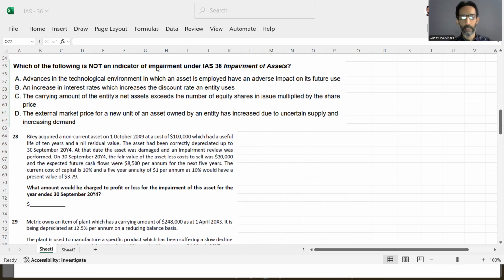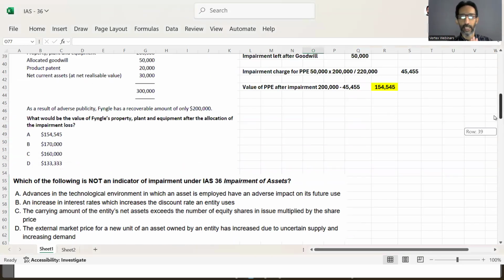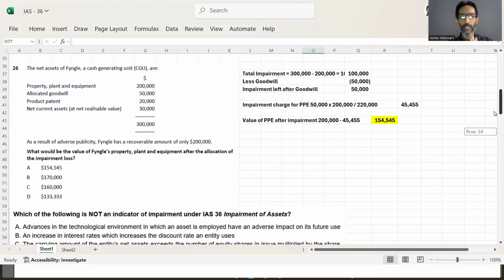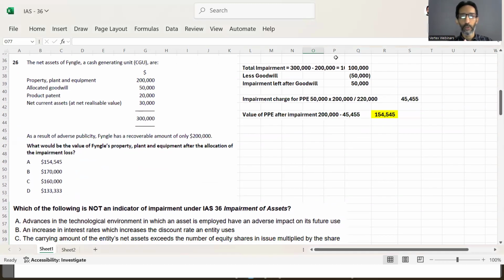Okay, so let's see. I've got a message here about the goodwill, from the previous question. The goodwill has been consumed. The total impairment was calculated as 100,000, and we used the total goodwill, which was 50,000, and consumed it with impairment loss.